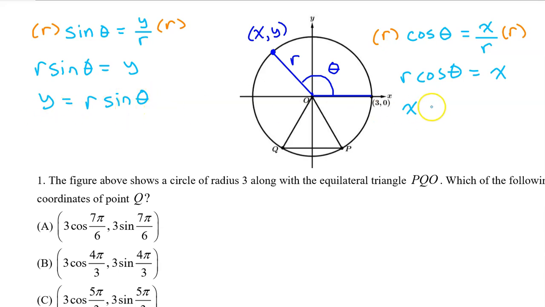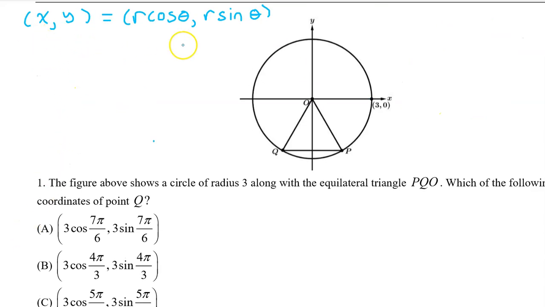Memorize this. If I need to find the x-coordinate of any point on a circle, it will always be r cosine theta. Putting it all together, the coordinates of any point x, y on a circle will be given by r cosine theta, r sine theta.